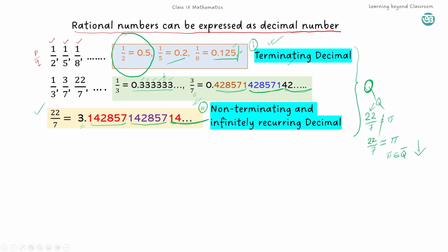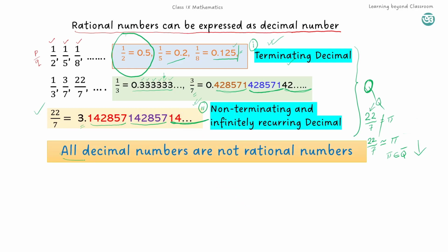So what we have learned is that all decimal numbers are not rational numbers. For example, pi is a decimal number and that decimal number is not a rational number. That we'll discuss later.